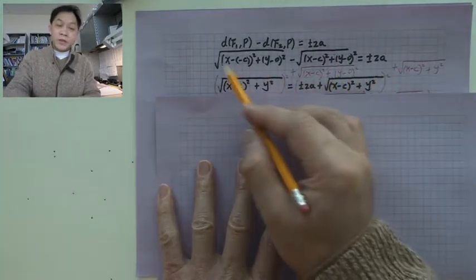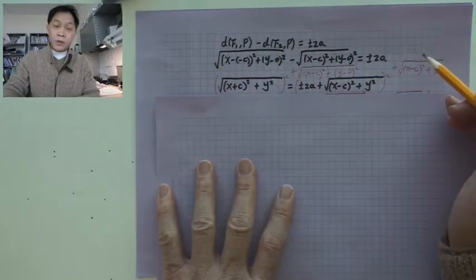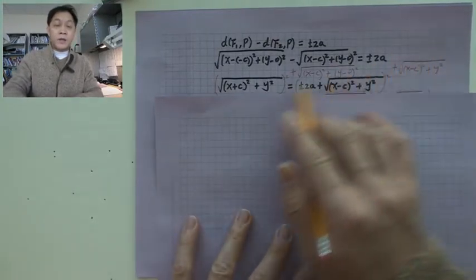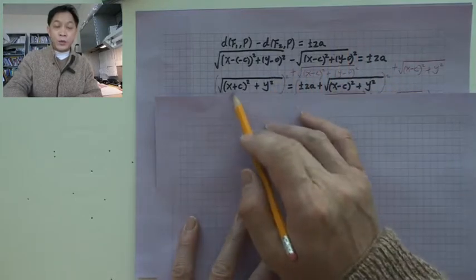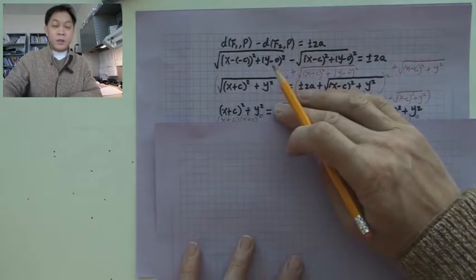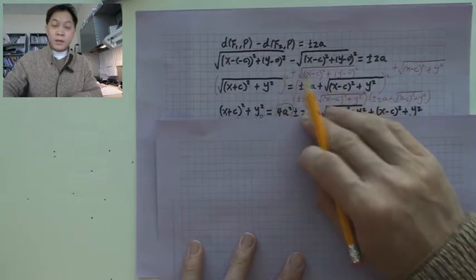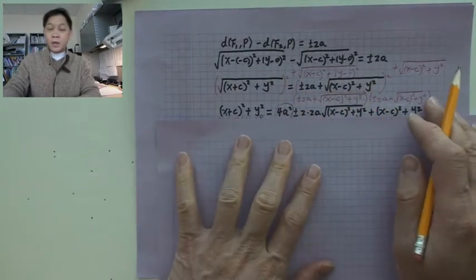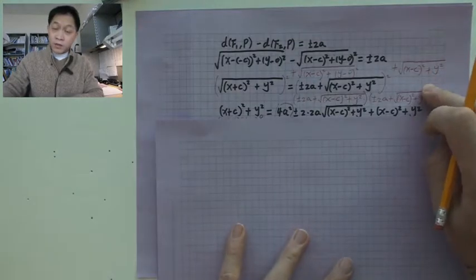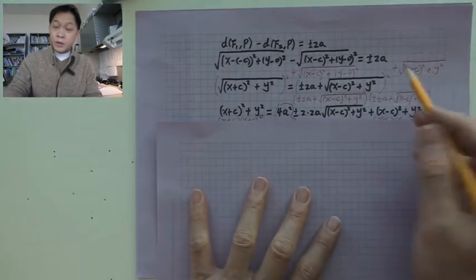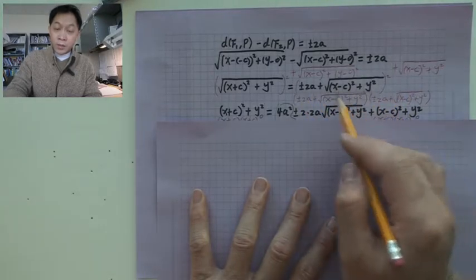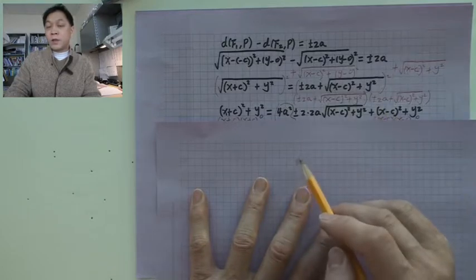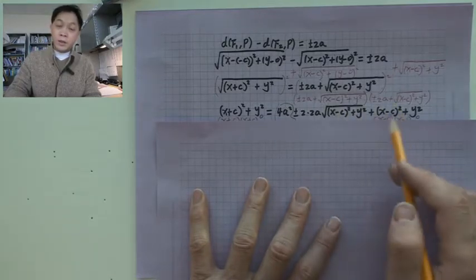You want to get rid of this square root, so you square both sides. Then the square root sign disappears on the left. On the right-hand side, you have a difficult expression. Squaring this quantity is basically this quantity times itself, so you have to FOIL this out.